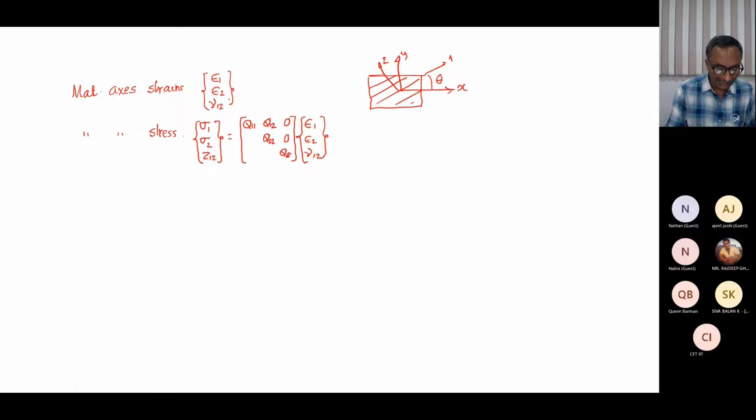If we know the metal axis strain, straight away multiply by the Q matrix, the reduced stiffness matrix. If you know the global axis stresses, then simply use the transformation matrix to find the metal axis stresses, multiplied by the T matrix.